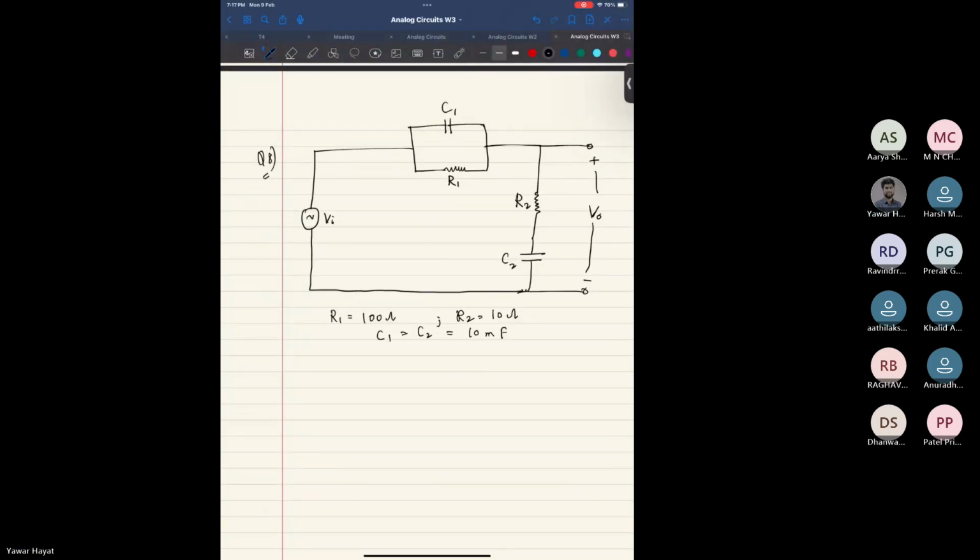Okay, so now, where were we? We were supposed to compute the transfer function for this question. So what will be the transfer function?